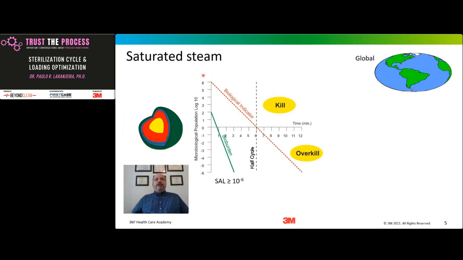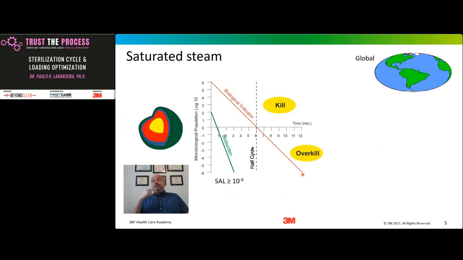The sterilization is going to start at a population of 1 million, and during the sterilization process we'll reach a sterility assurance level of 10 to the minus 6, a possibility of having one viable spore in the 1 million that started the process. So when I reach this point of the sterilization cycle, it means that I don't have any viable spores, or I only have one.